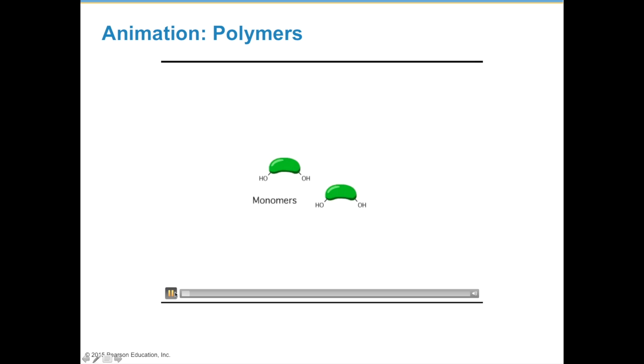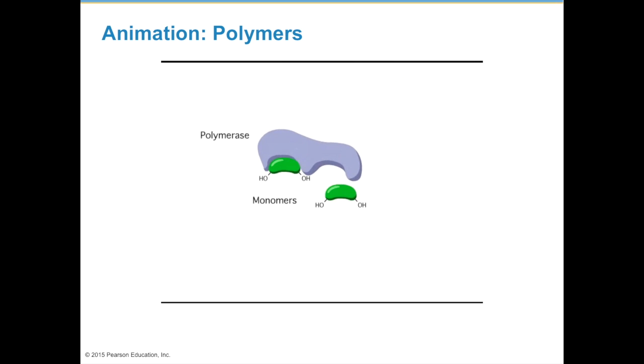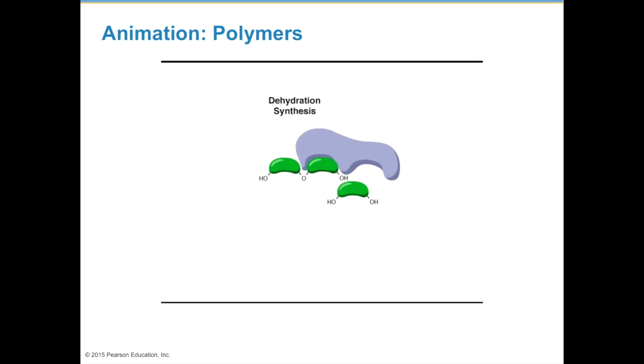Okay, next slide. So hopefully let's take a look at this for a second. Most biological molecules are very large and are built by assembling small molecules, or monomers, into long chains. The resulting molecules are called macromolecules, or polymers. A process of linking monomers, called dehydration synthesis, involves the removal of 2 hydrogen atoms and 1 oxygen atom to form water.